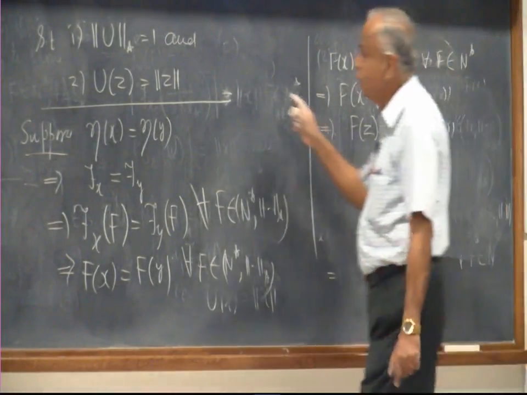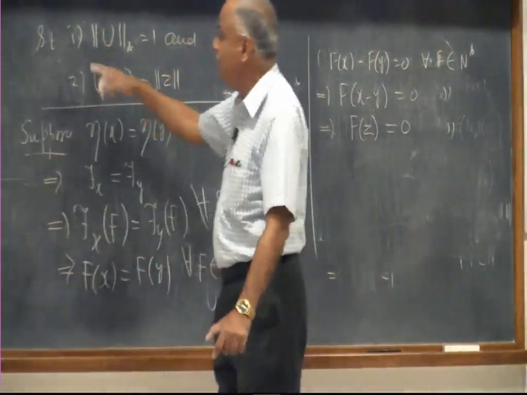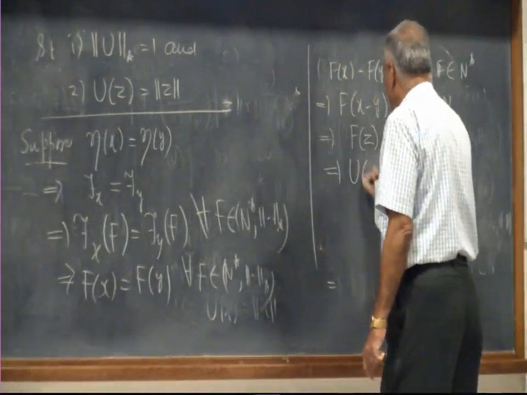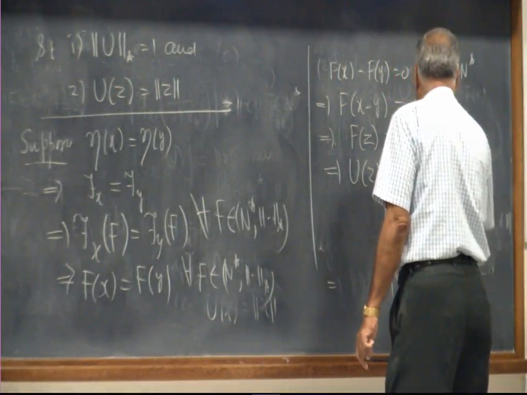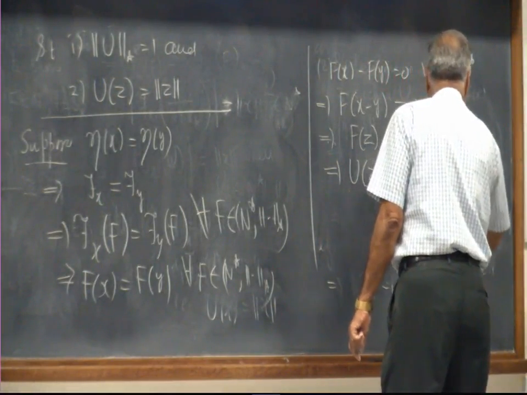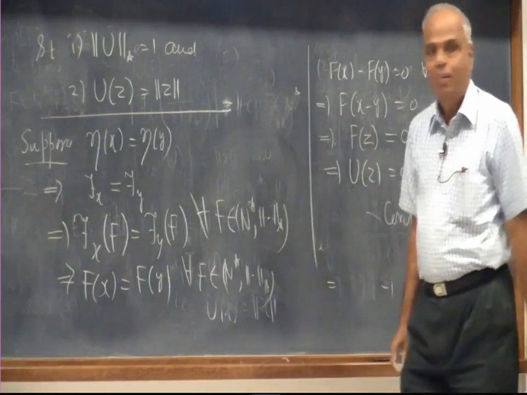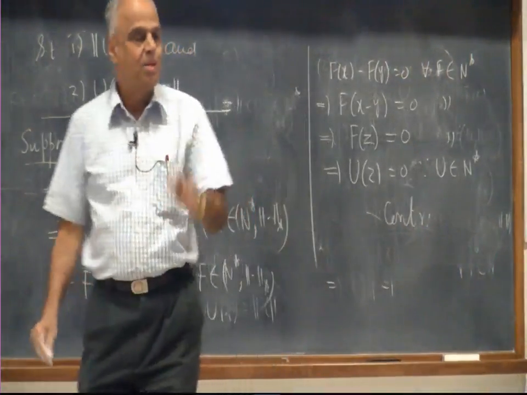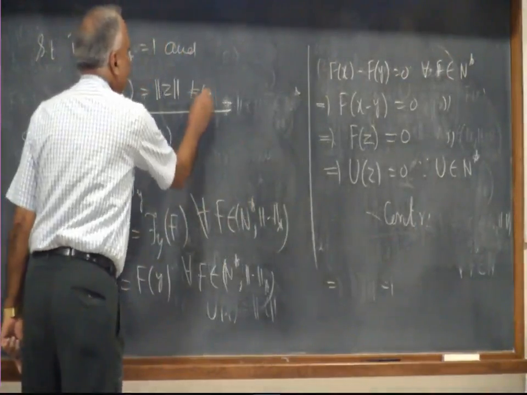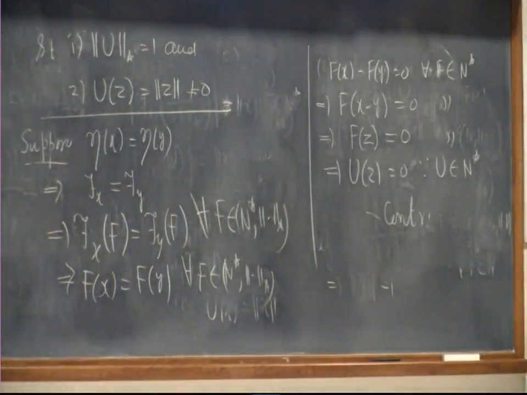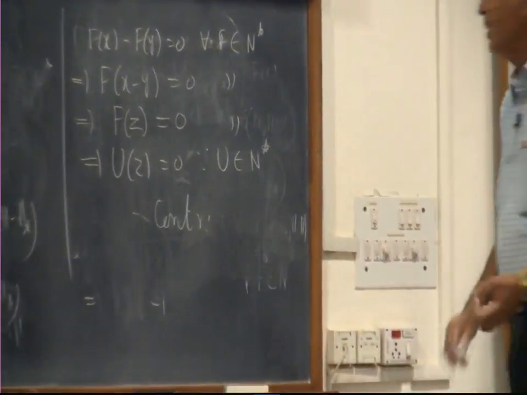And therefore in particular for this u, because u is in N star, u of z equals 0. Contradiction. Why? Because u of z is the norm of z and that's not 0, because z is non-zero, and therefore you get a contradiction. Is that right? So therefore eta is 1-1.